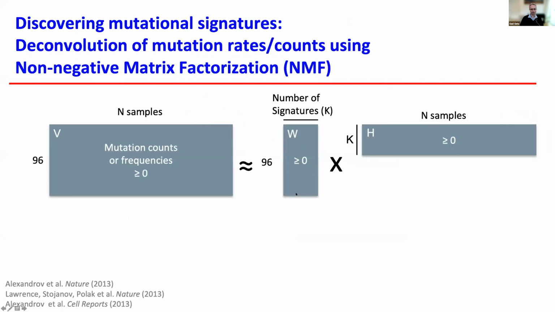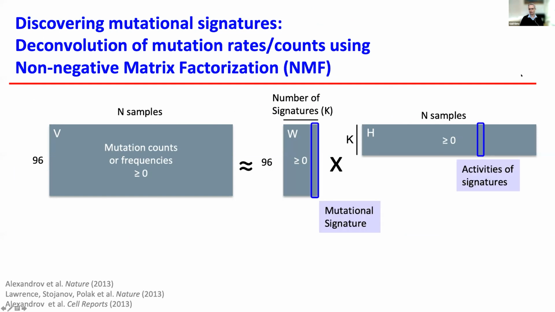So all the observed data are non-negative weighted sums of these components, and that's the reason it's called non-negative matrix factorization. Most of you probably know this, but this is the matrix of, let's say, 96 classes of mutations across all the samples, and we want to approximate this matrix by a product of two simpler matrices, one representing in its columns the signatures, and the other one, whose columns represent the activities of all the signatures in a particular patient.